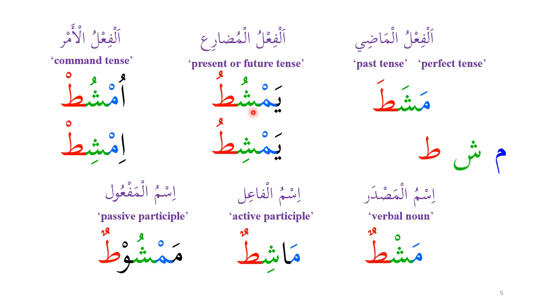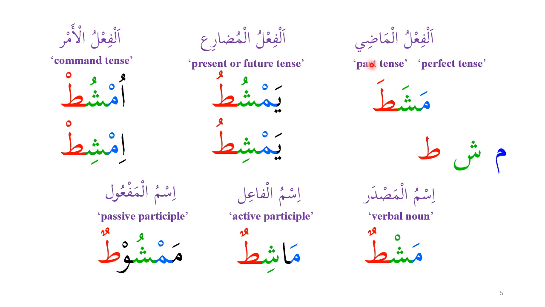Now shin means hair, sha'run, and notice here the dhamma means is worked upon. So hair is worked upon, or another meaning is yamshitu means hair is not right, it is down, which is made up after the action is completed. And umshut means in the command tense, al-amr.